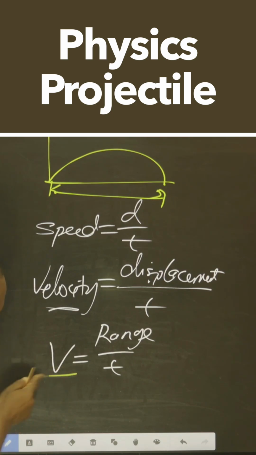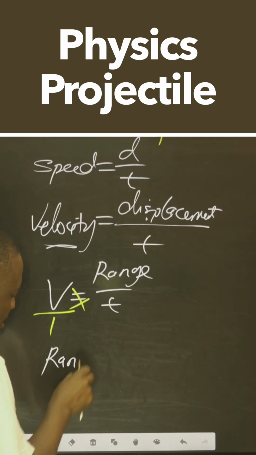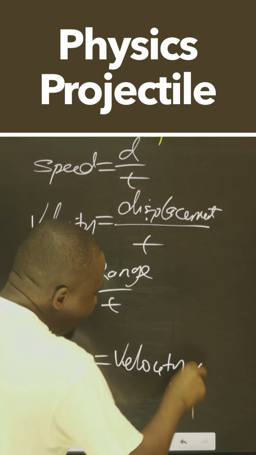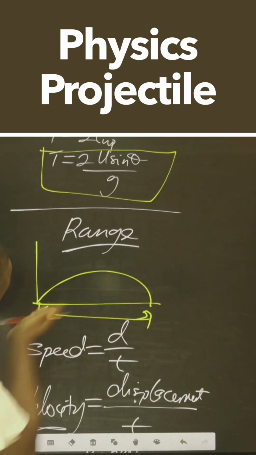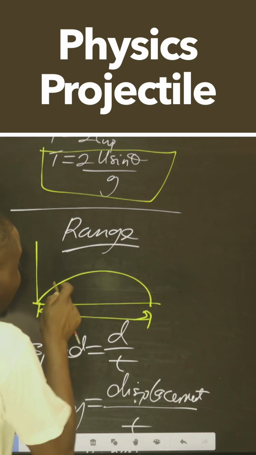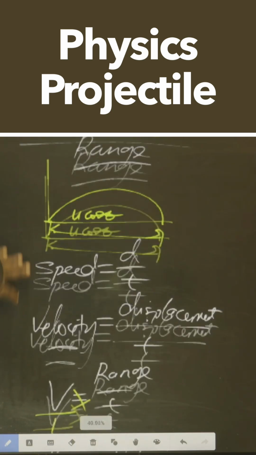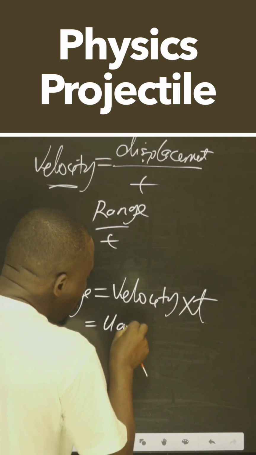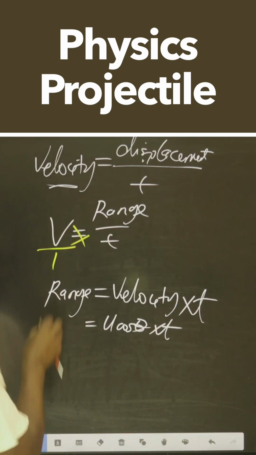So range now, if you cross multiply, you agree with me, is range equals to velocity multiplied by time. Which velocity? Which direction? This direction. That is horizontal velocity. Horizontal velocity is u cos theta. It means, therefore, we are going to replace it with u cos theta multiplied by t, range.